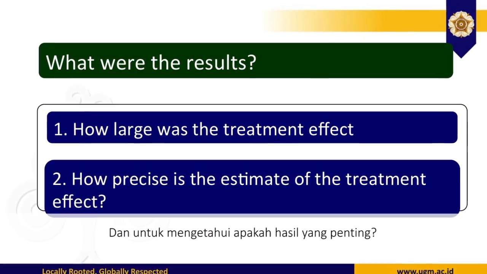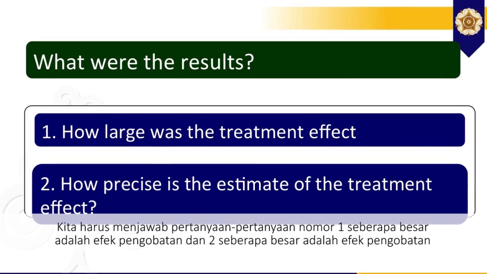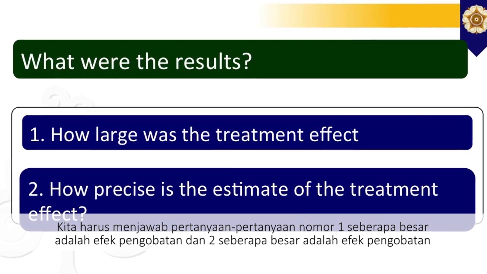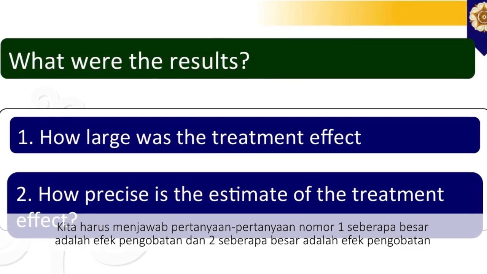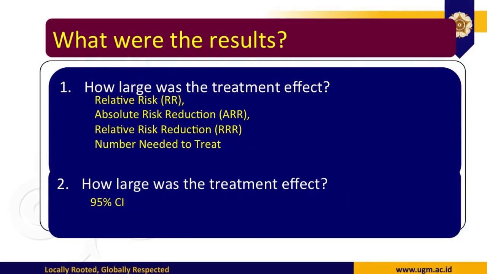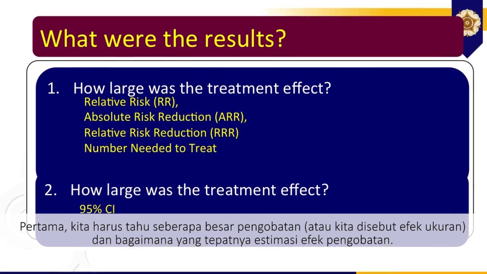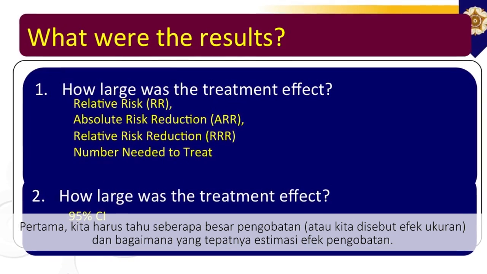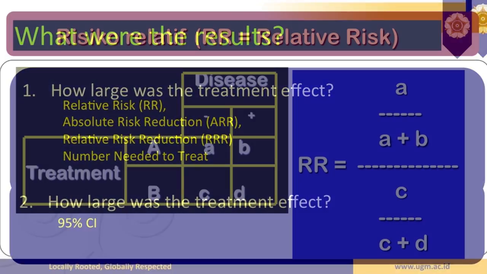And to know if the results are important, we should answer the question number 1, how large was the treatment effect? And 2, how precise was the estimate of treatment effect? What were the results? First, we should know how large the treatment, or what we call effect size, was, and how precise the estimation of the treatment effect.